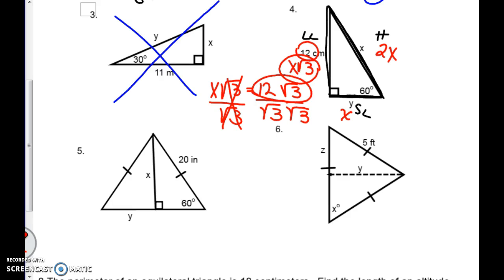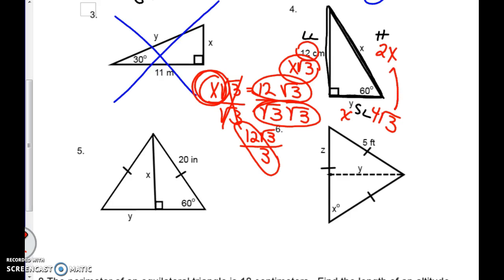So on the top I have 12 radical 3. And on the bottom I have a pair. What happens to the pair? It gets to come outside and play. So 3 and 12 are both outside. How many times does 3 go into 12? 4. So that means that x is 4 radical 3.